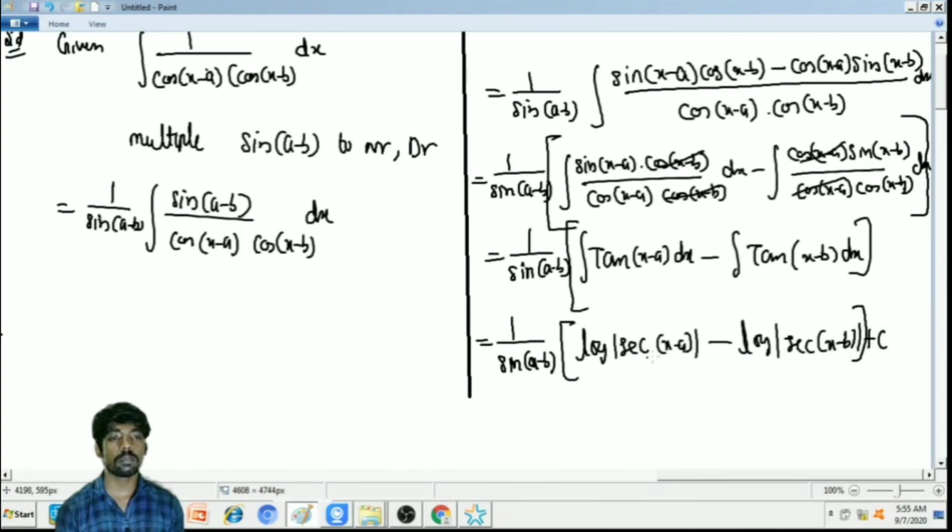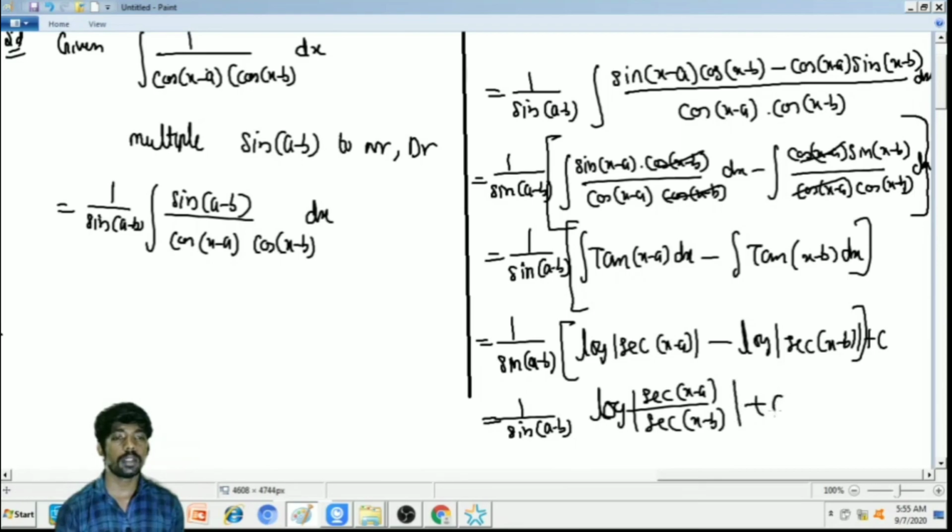So log a minus log b is log a by b. So I am writing 1 by sine of a minus b into log of secant of x minus a by secant of x minus b plus c. That's all. This is the solution.